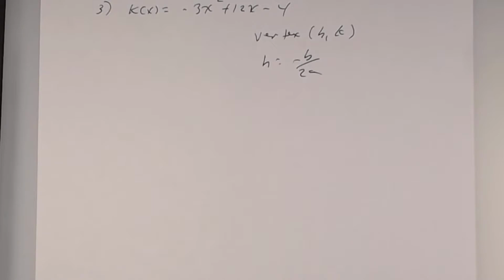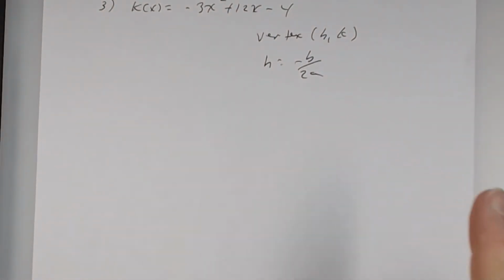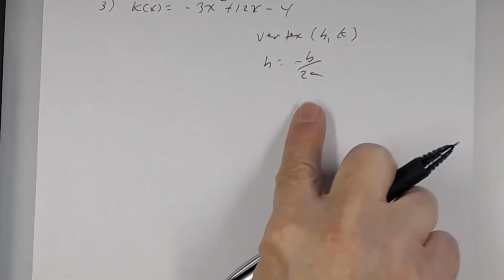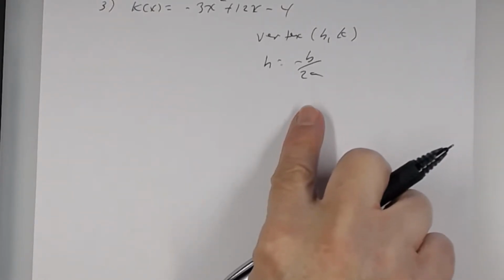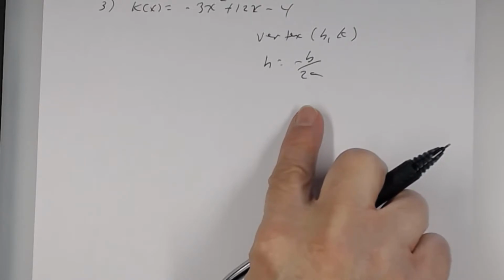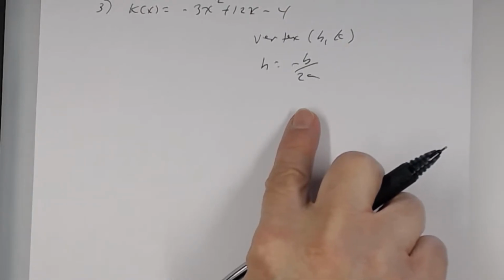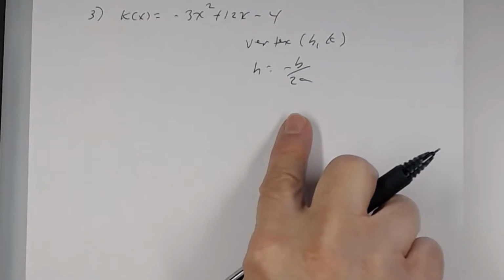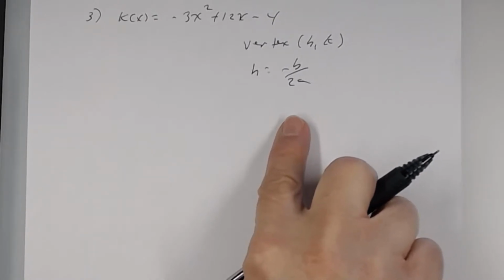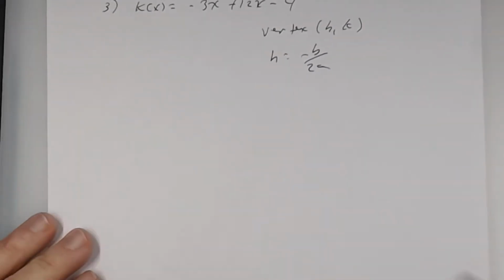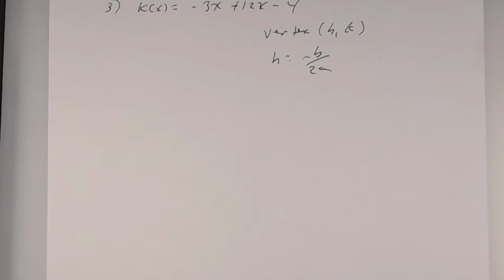And then how do you find k? Once you find h, how do you find k? Once you find your x coordinate, how do you find your y coordinate? You plug h into your function. You had this in your last test, didn't you? On your last test, guys, you have to make some connections now.